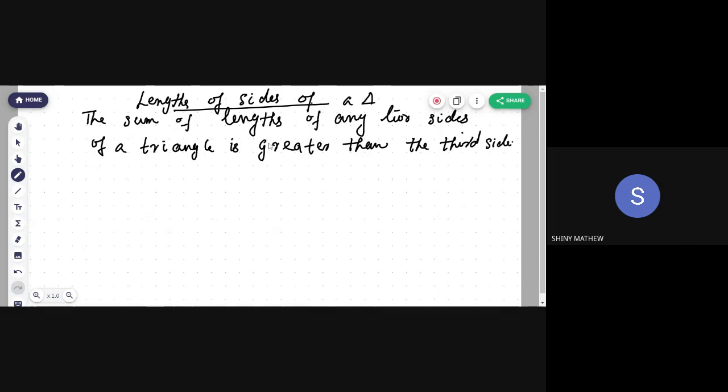The sum of lengths of any two sides of a triangle is greater than the third side. All of you clear that property? The sum of any two sides of a triangle should be greater than the third side.